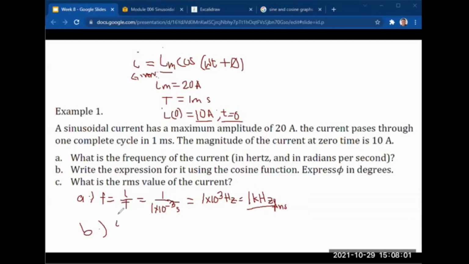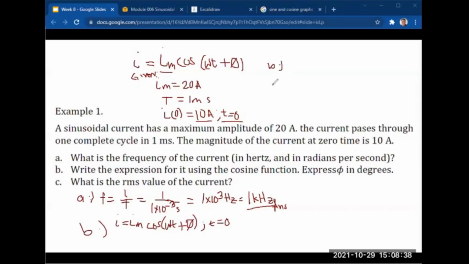We have I equals Im cosine of omega t plus phi. At time 0, we will solve this using time 0, so we can solve for phi. I'm out of space, so I will solve this up here.